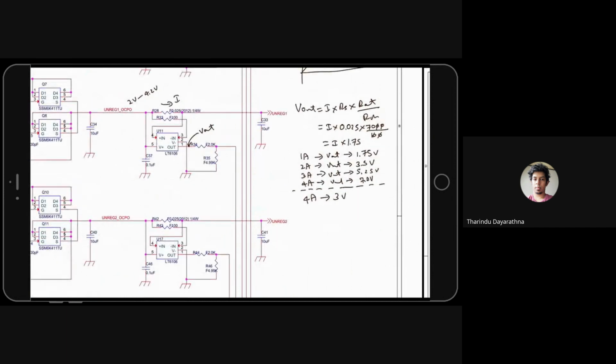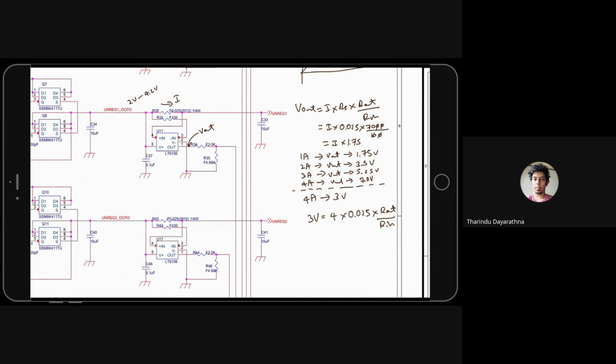We take the same equation, put V out as 3 volt, I as 4, keep RS at this value, and use R out and R in. By adjusting R out and R in, we can get 3 volt at 4 ampere.